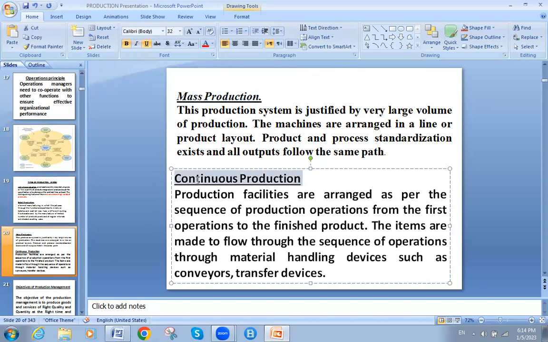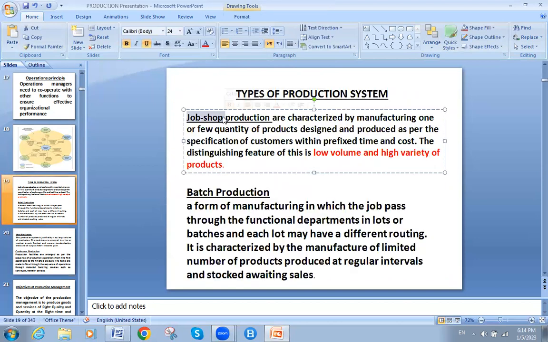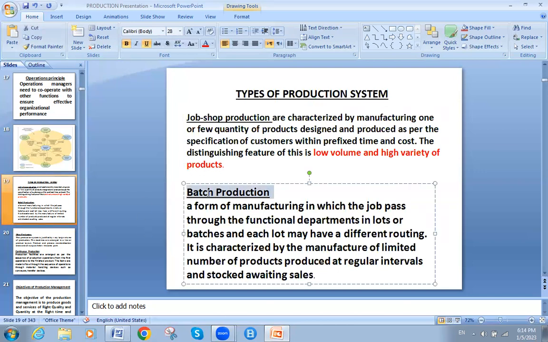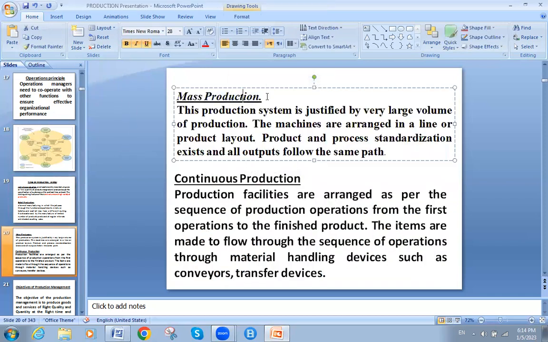Continuous production. So, let me remind you of what we covered so far. Shop job is based on the request of the customer. Batch production means you work in batches, different batches, and you need a storing system. Mass production means you press the machine and it produces hundreds or thousands or millions of standardized units.